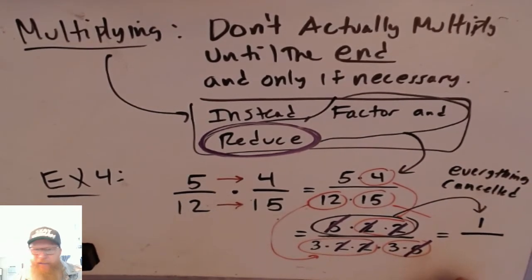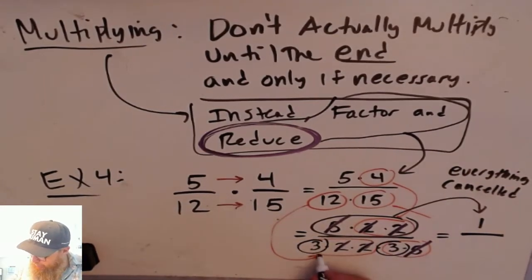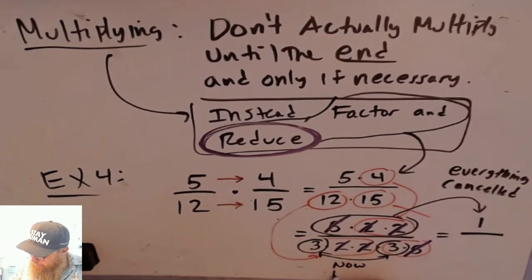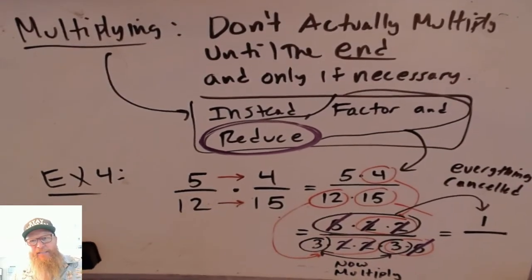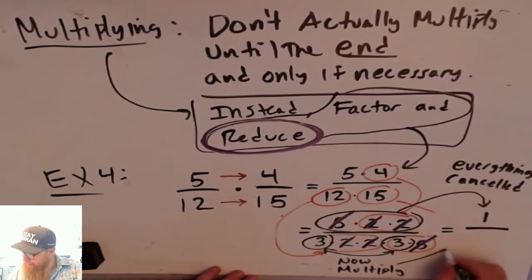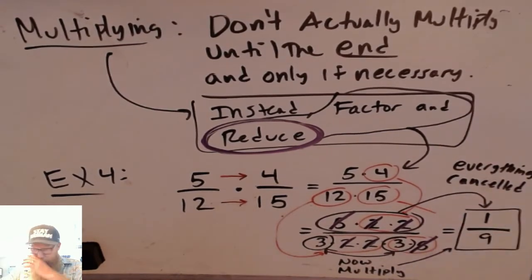All right, you can never leave the numerator of a fraction blank. In the bottom, you have 3 times 3. Now multiply, because it's now necessary to multiply. So 3 times 3 becomes 9. So the answer is 1/9.